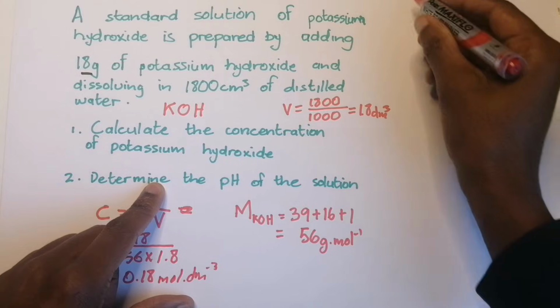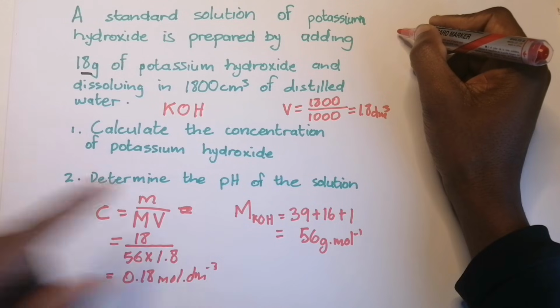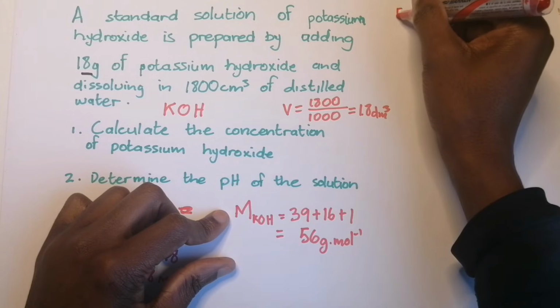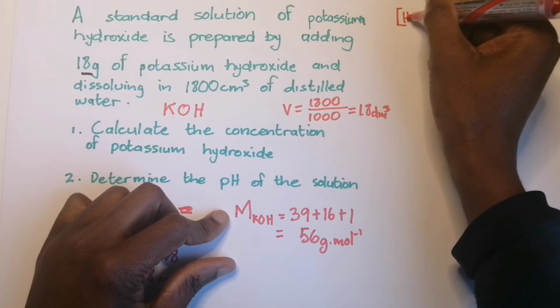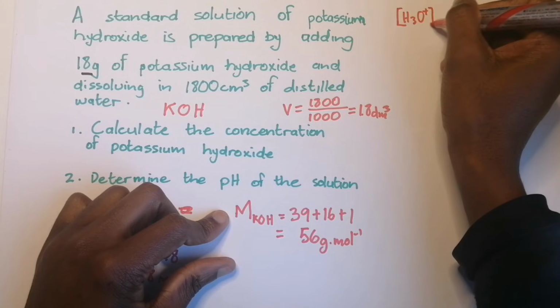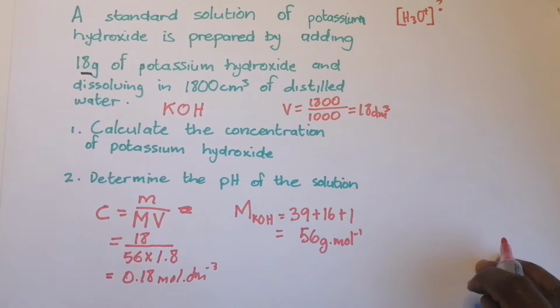So how do we determine the pH of the solution? Do I have the concentration? Remember, to find pH, I need the concentration of my hydronium ions. Do I have the hydronium ion concentration? Absolutely not.